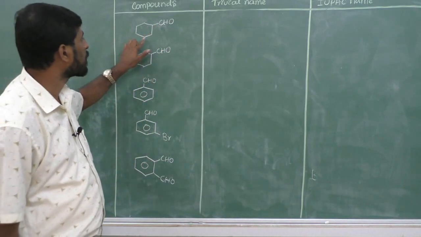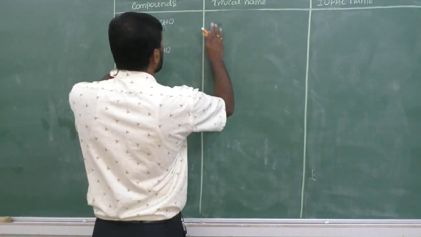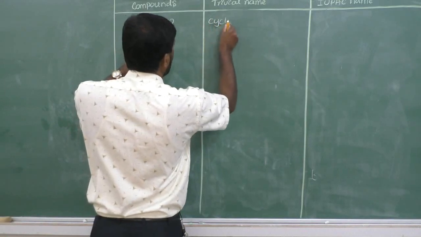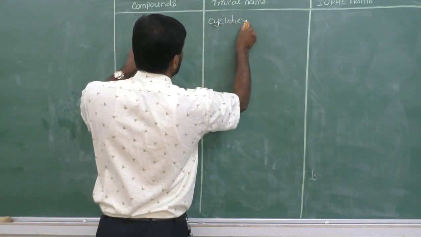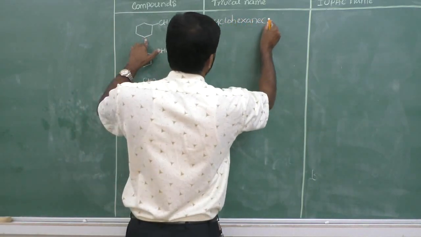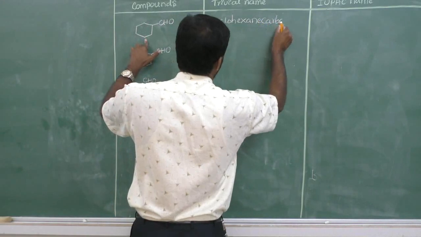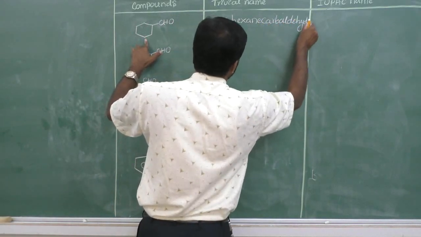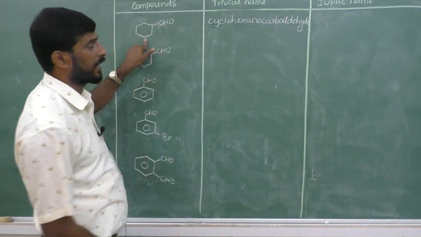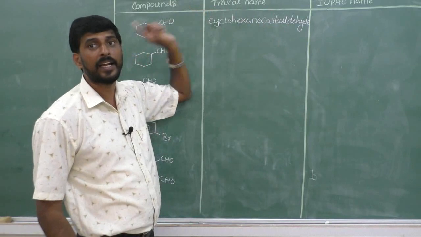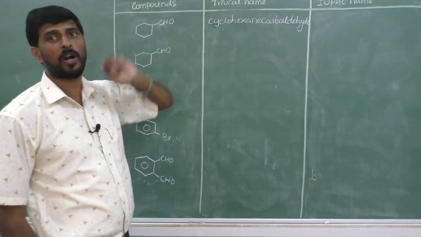Now, what is the name of this compound? This is nothing but cyclohexanecarbaldehyde. Please remember, it is not cyclohexcarbaldehyde, it is cyclohexanecarbaldehyde.